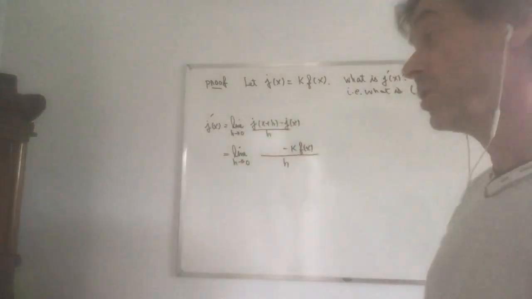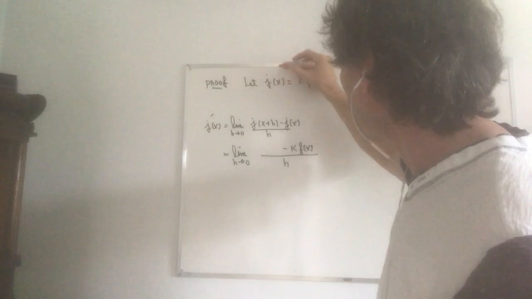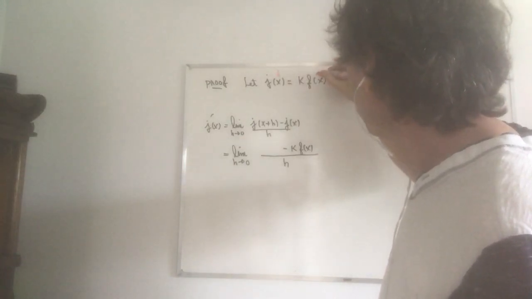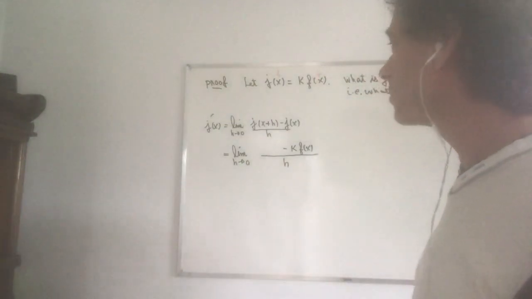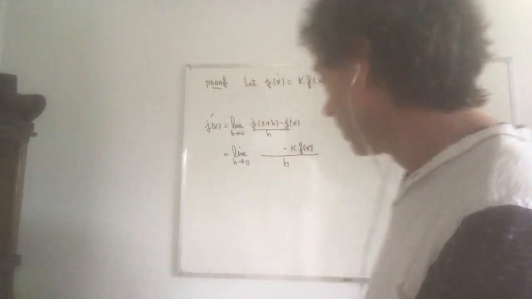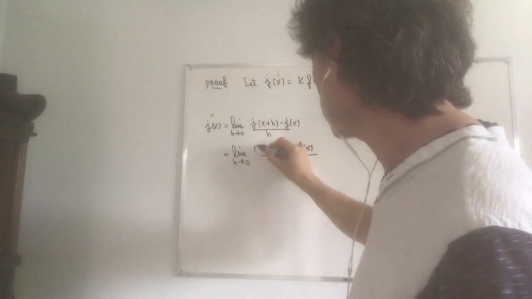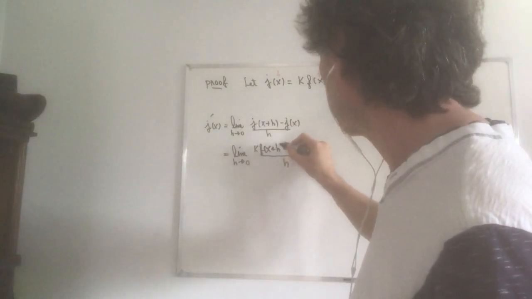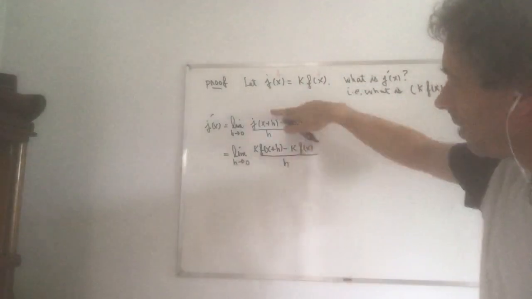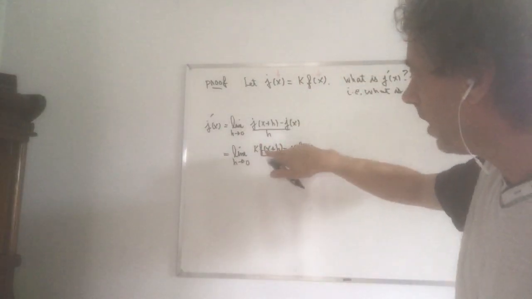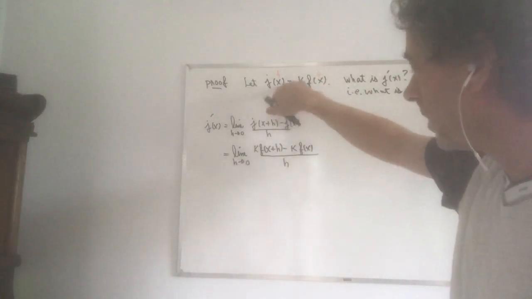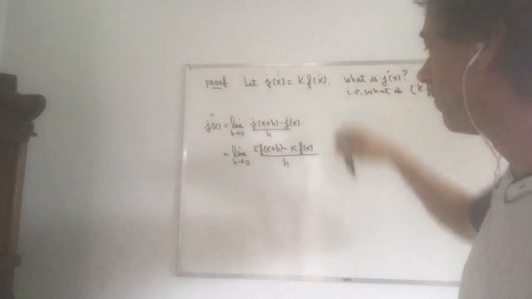If j of x is k f of x, then for j of x plus h I have to replace x with x plus h. So j of x plus h is k multiplied with f of x plus h, by replacing x with x plus h here, and here too.